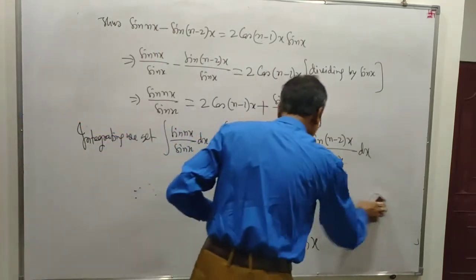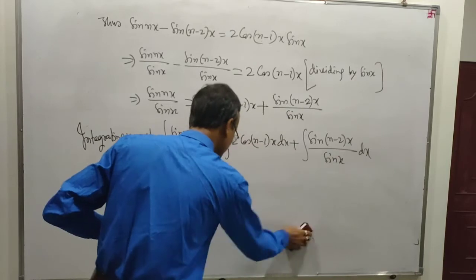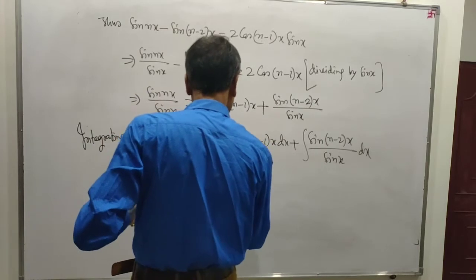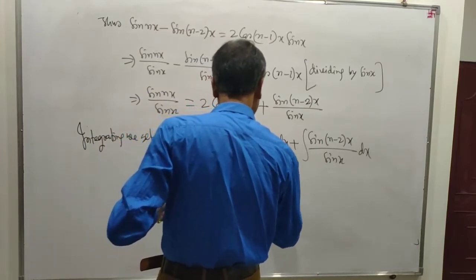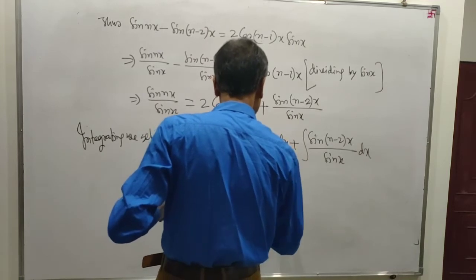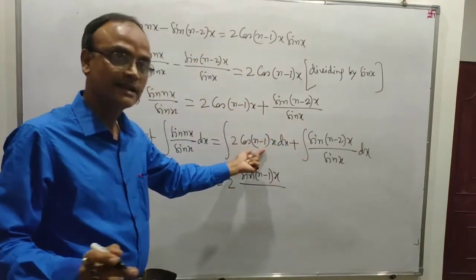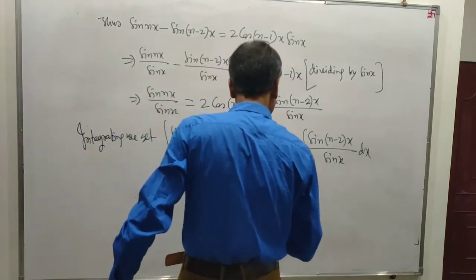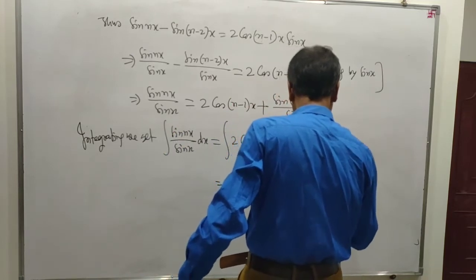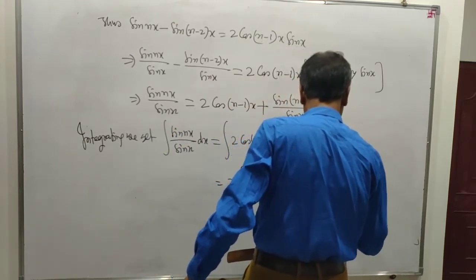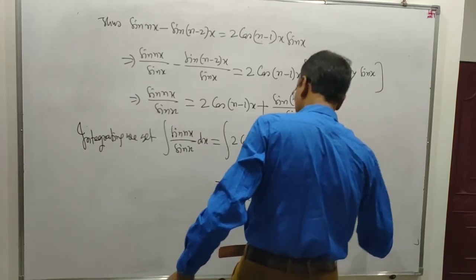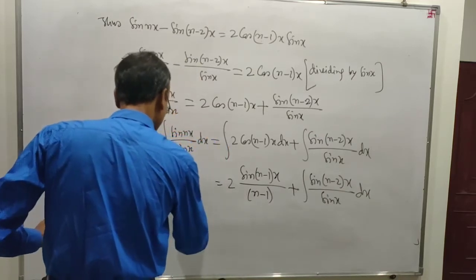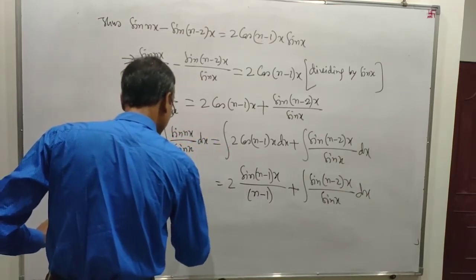Easily you can find the integral of this one. It is equal to 2 times sin (n minus 1)x divided by (n minus 1), since the integral of cos mx equals sin mx divided by m, plus the integral of sin (n minus 2)x divided by sin x. The left hand side will be the integral of sin nx divided by sin x dx.